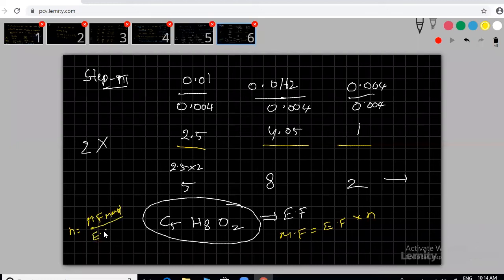Is it correct? Molecular formula mass, already 100 they have given. Calculate how much we'll get here. I think this is also 100. So n is 1. Because the n value is 1, empirical formula equals molecular formula.